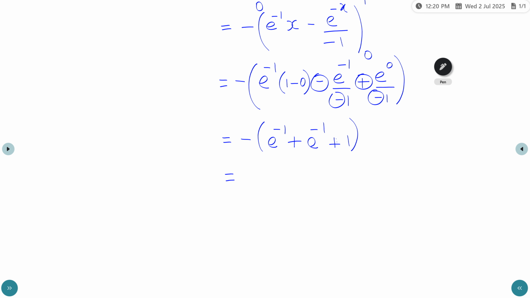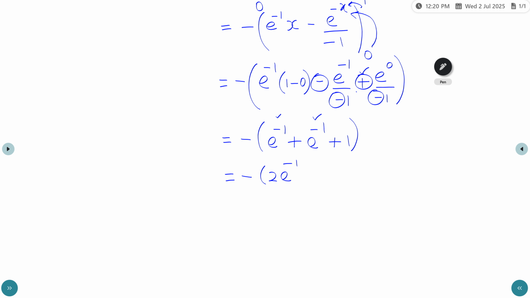See, we need to substitute the upper limit value 1 here, so e power minus 1 by minus 1, and then the lower limit value 0. Before that we need to multiply it by minus. So minus, minus, plus e power 0, so e plus 1. So minus into 2 e power minus 1: one e power minus 1 and one e power minus 1.